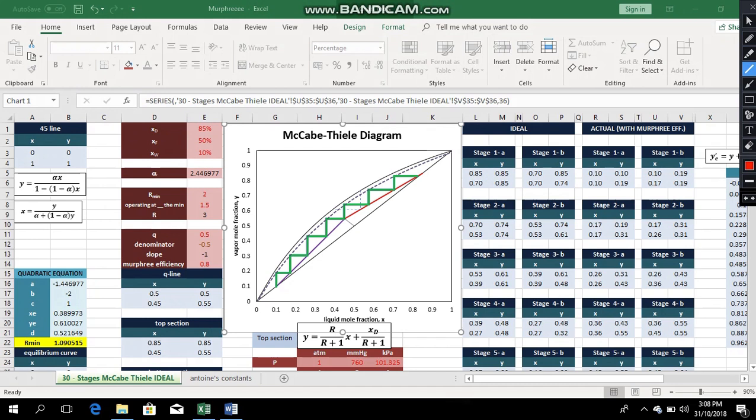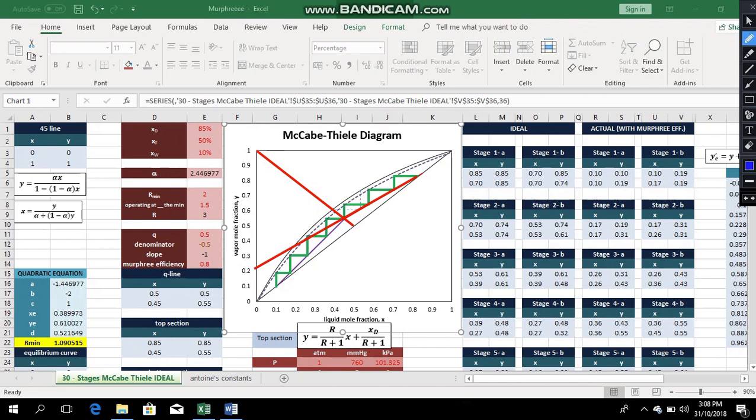This was our line for the operating line, and our feed line is here. So I have to correct that.